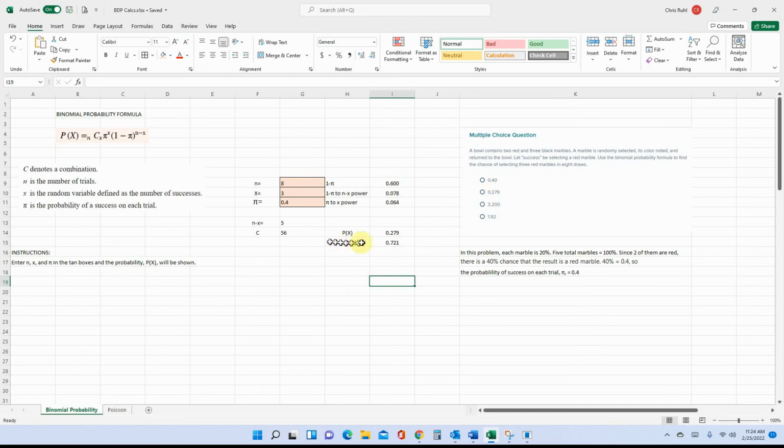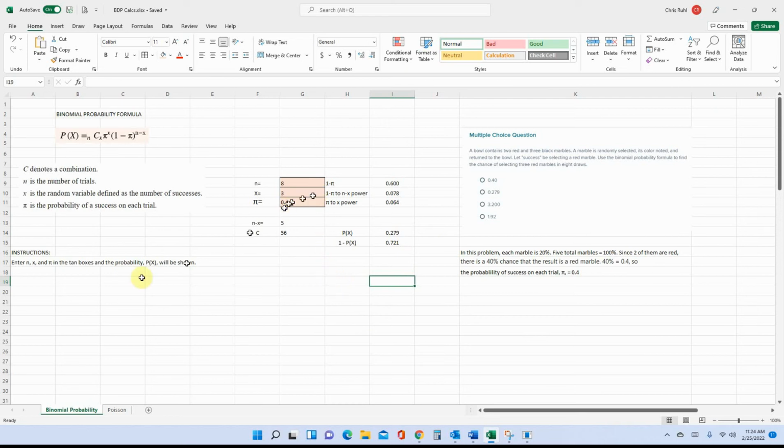And the probability, I put this in because the probability of not getting 3 red marbles is 72.1%. So it's much more likely that you won't get 3 red marbles in 8 draws. It's about a 28% chance that you will. So you're very lucky if you get that.